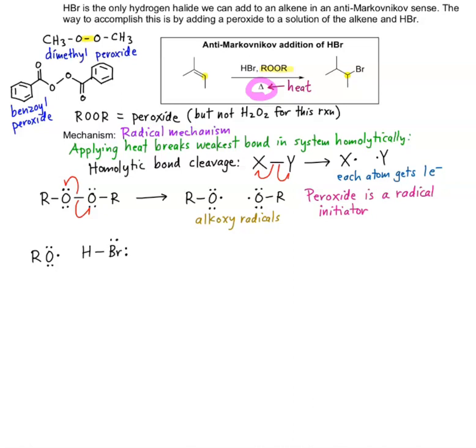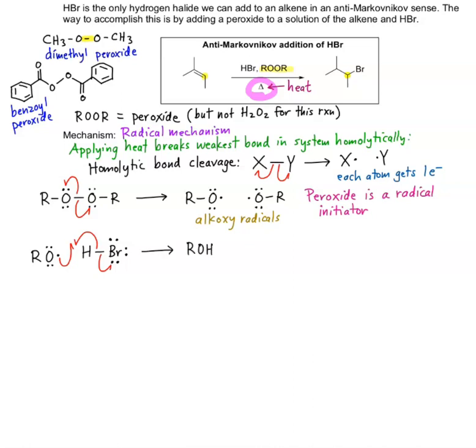So one of the alkoxy radicals is going to encounter a molecule of HBr. And it's going to abstract a hydrogen from the HBr. What that means is that when the radical gets close to the HBr, it's going to cause the HBr bond to break homolytically. So the bromine gets one electron, the hydrogen gets another, and the hydrogen is going to use its electron to form a bond to that oxygen.